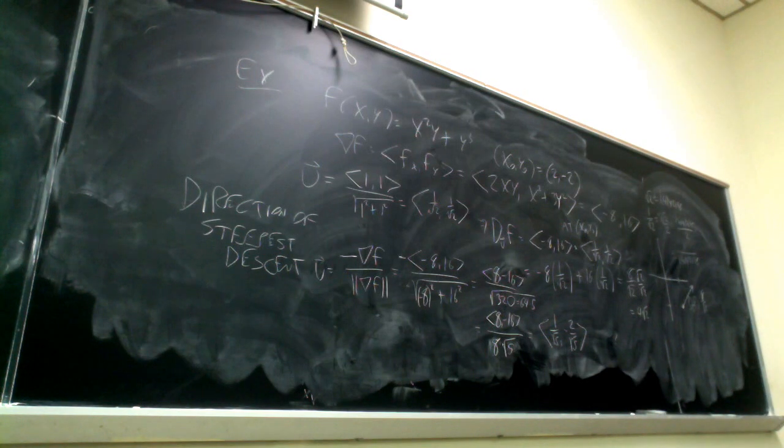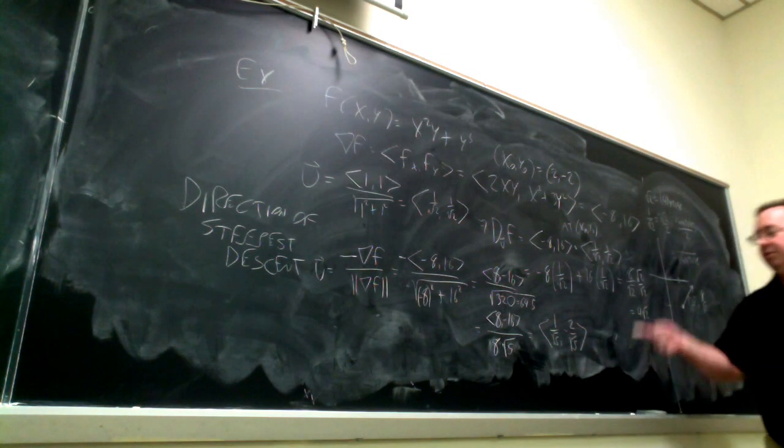All right. So this is the u along which f decreases most rapidly.